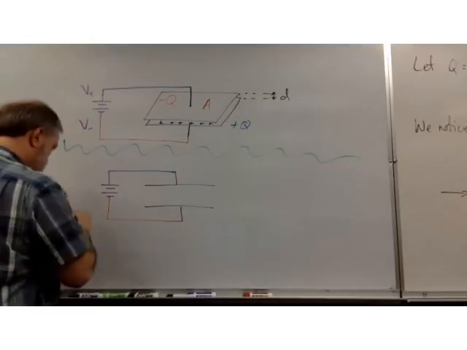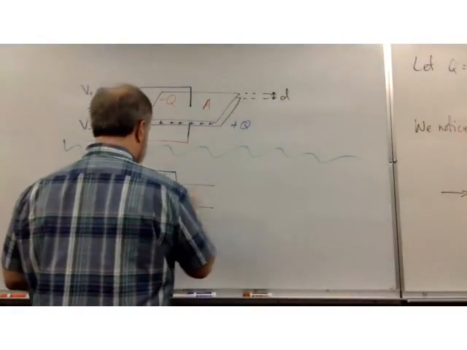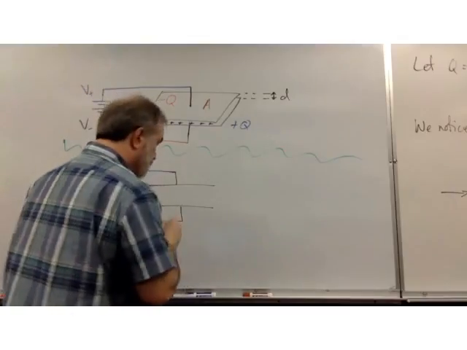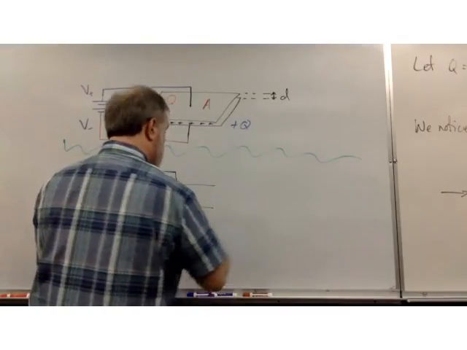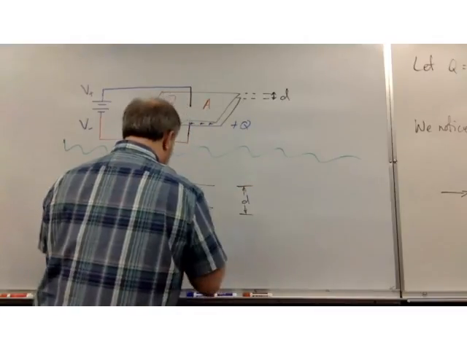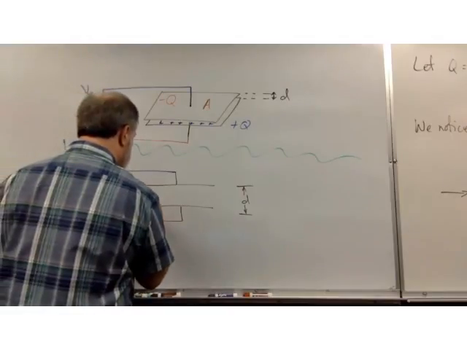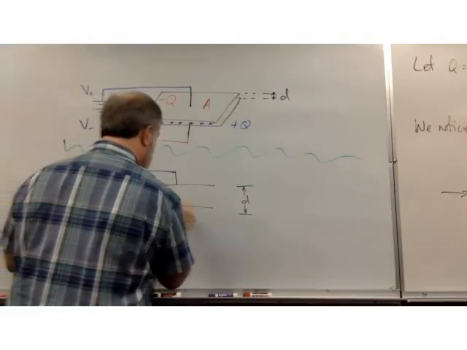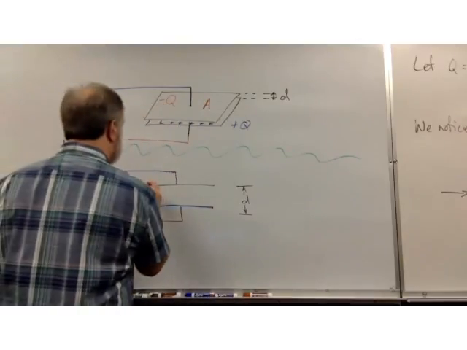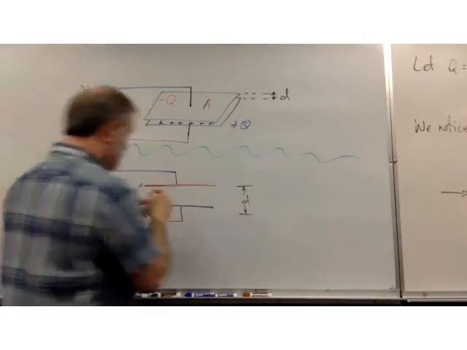Okay, so that's potential difference of V, and so therefore we're going to have a potential difference across here also of V. This distance here is D. And the thing I want to point out is the bottom plate has picked up an overall positive charge. The top plate now has an overall negative charge.